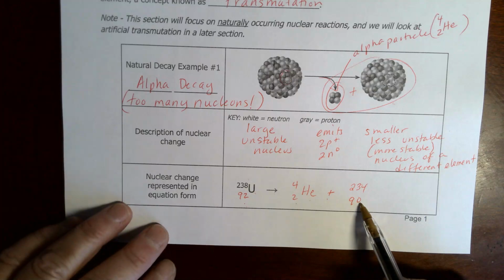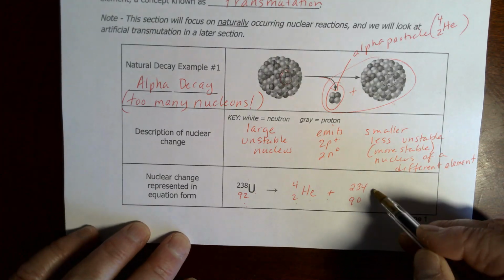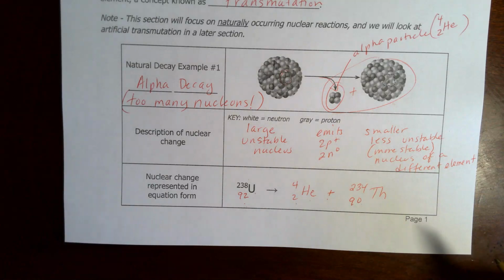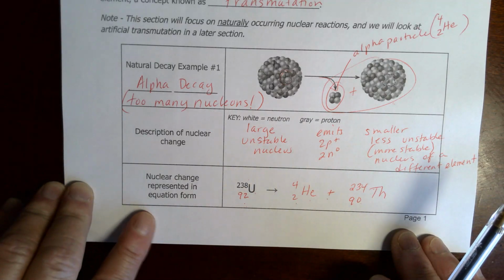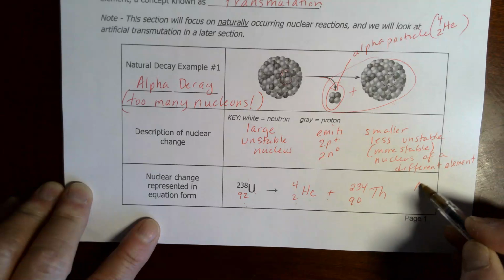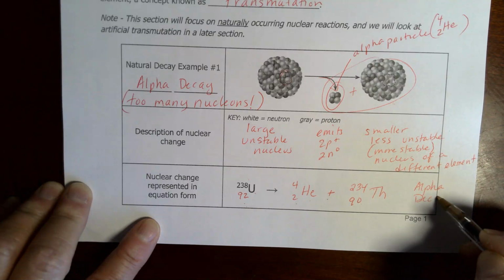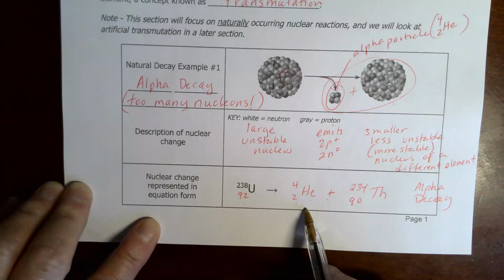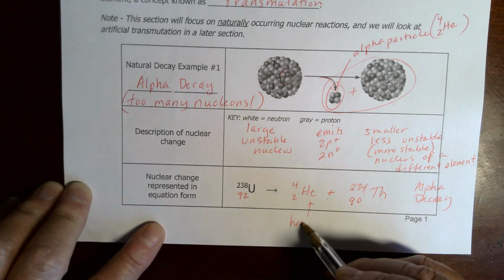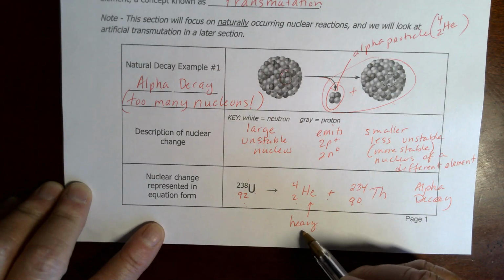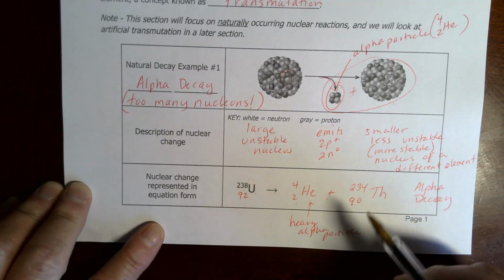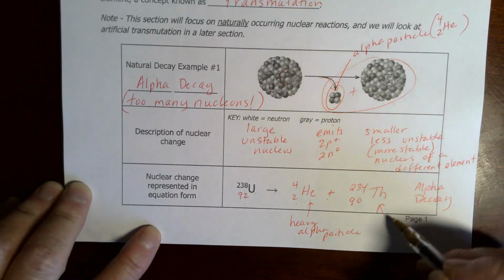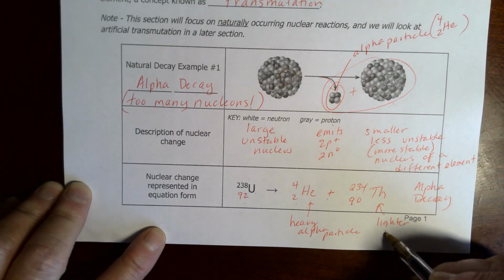The atomic number 90 corresponds to thorium, Th. And so this equation represents alpha decay, because we see an alpha particle on this heavy nucleus, and then we see this lighter nucleus.